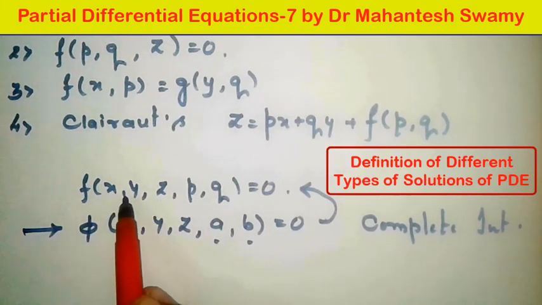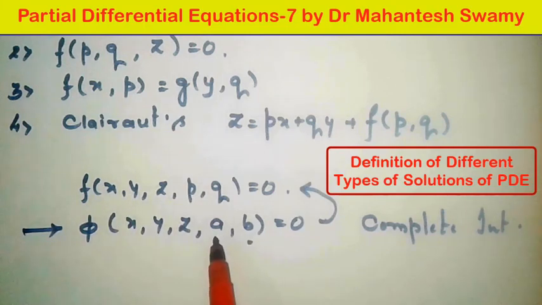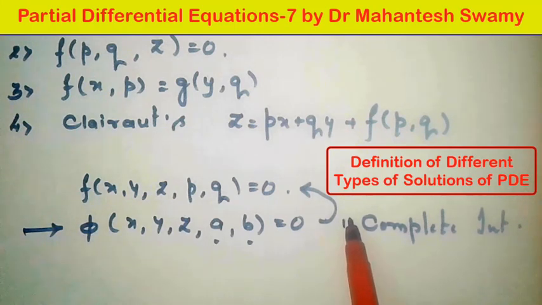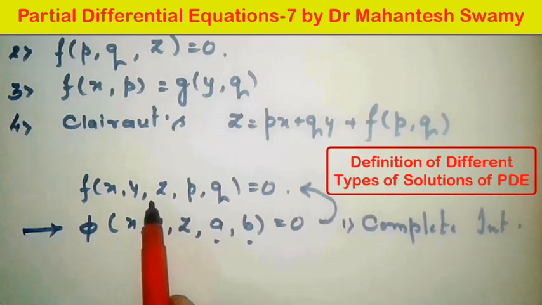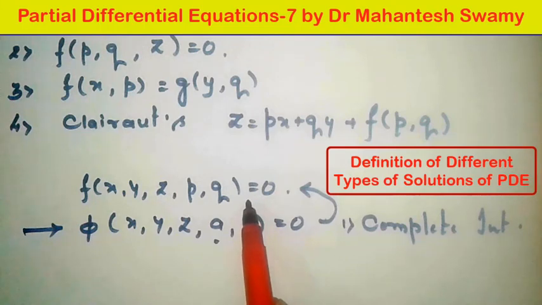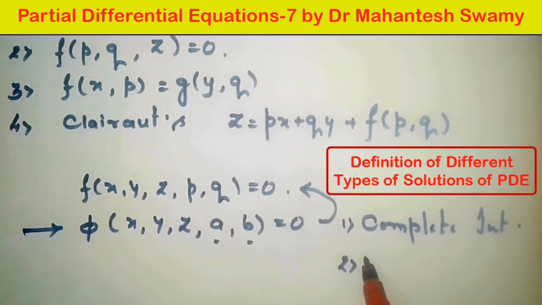If the partial differential equation contains two independent variables, there will be two arbitrary constants in the complete integral. So this is about the complete integral, the first type of solution of the given partial differential equation. Now the second one is the particular integral. So what is meant by the particular integral?